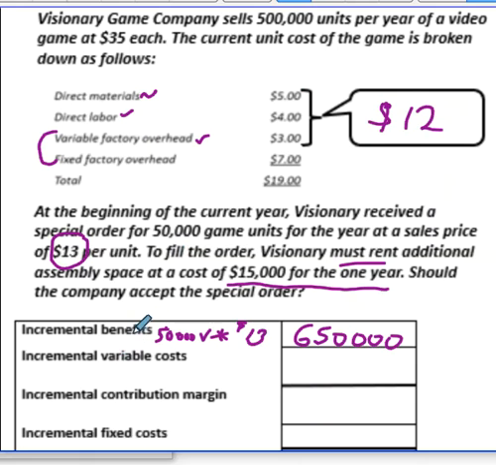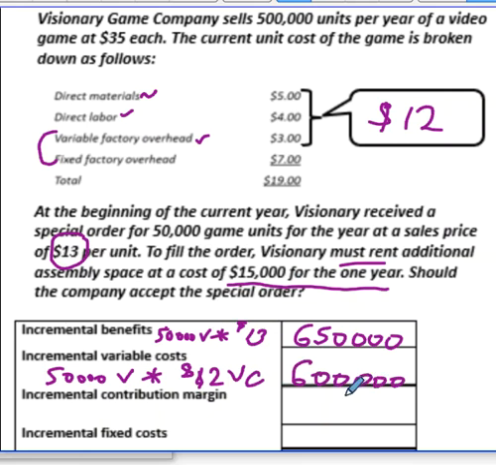So in this case, it's a matter of taking our 50,000 in volume times $12 variable cost per unit. So 50,000 times $12 means that the total incremental variable cost would be $600,000 that would cost the company.